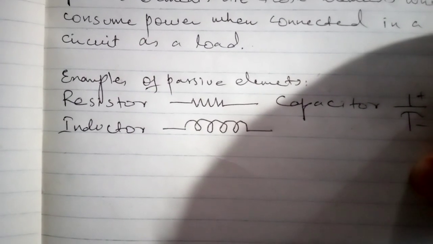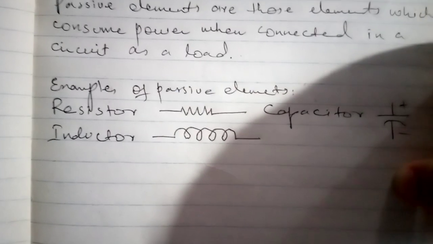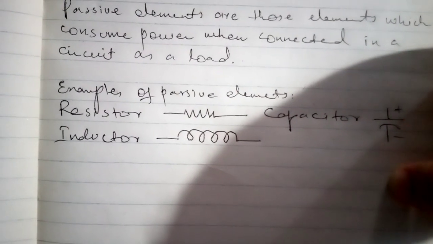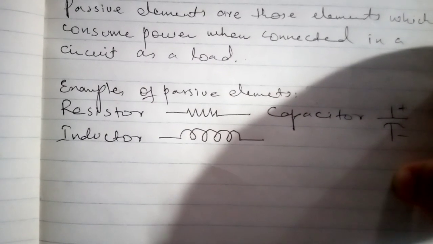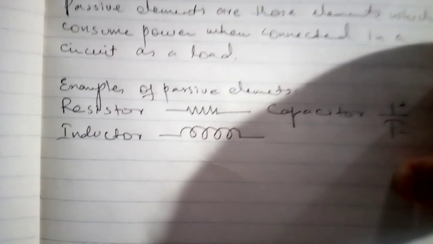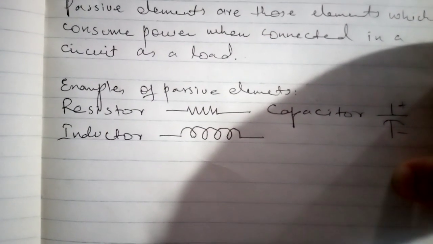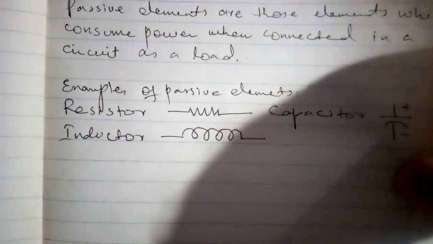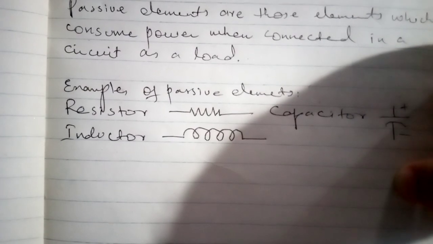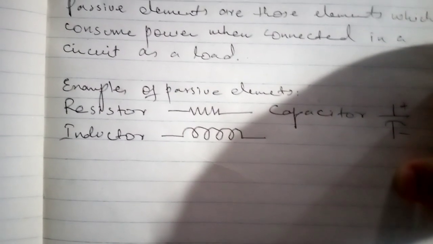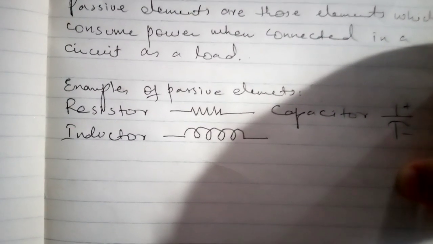So what is the basic difference between a capacitor and an inductor? The basic difference is that a capacitor actually stores the charges in its plates. There are two plates, a positive plate and a negative plate. On the positive plate there are positive charges stored, and on the negative plate there are negative charges stored. So capacitor stores the charges.